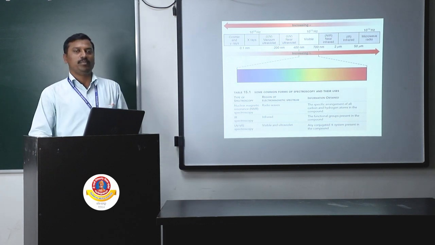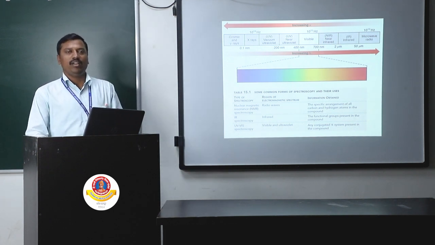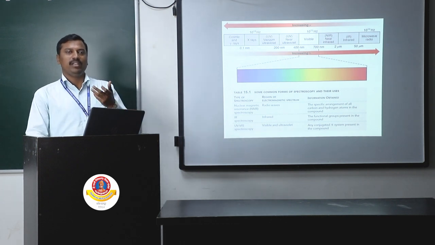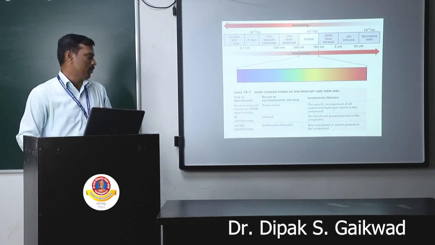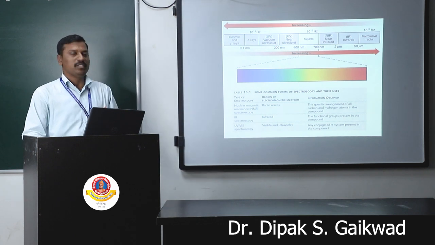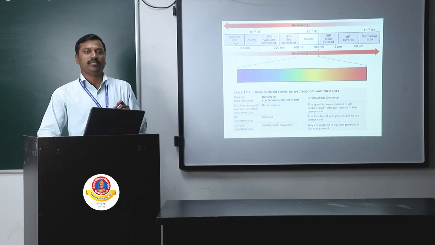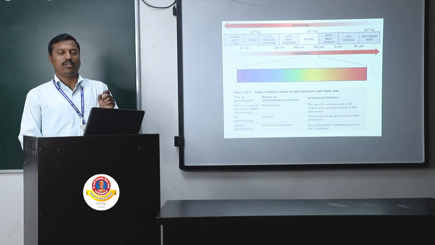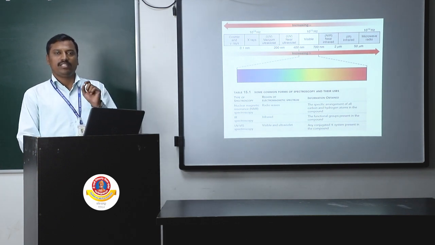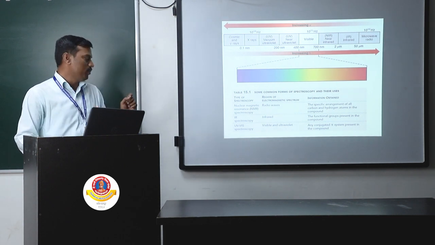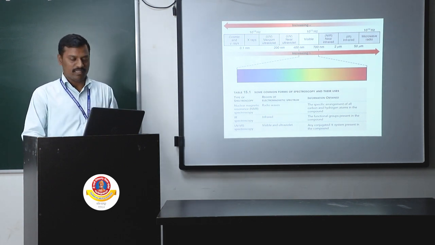Infrared spectroscopy is used to determine what kind of functional group is present in the molecule, whether it is an inorganic molecule or organic molecule. And from visible spectroscopy, we can determine the conjugation, the number of pi bonds that are there. So from UV visible spectroscopy, we can determine that.